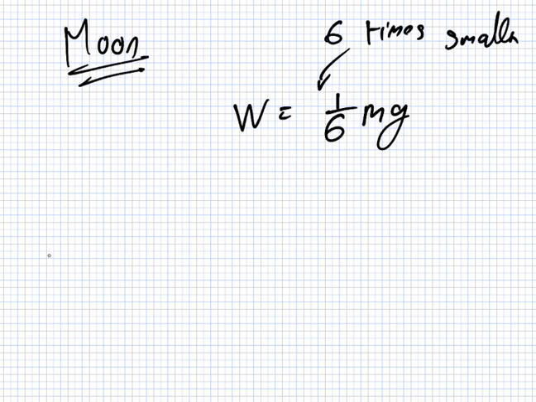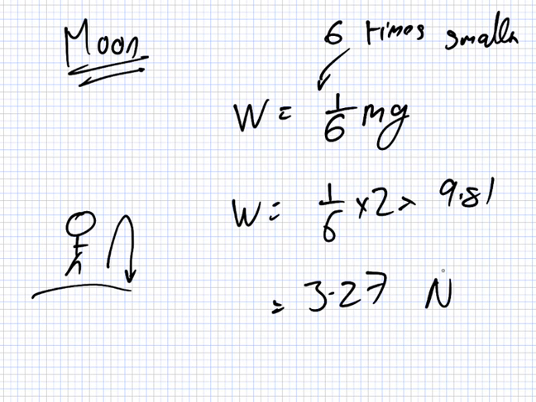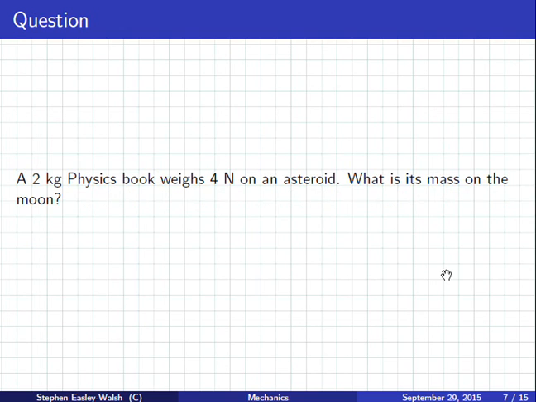You know this, when you see the people on the moon. Here's my astronauts. They can jump higher. There's less weight. Yeah? So here it will be 1 over 6 times 2 times 9.81, which is 3.27 newtons. Yep? Okay. Right.